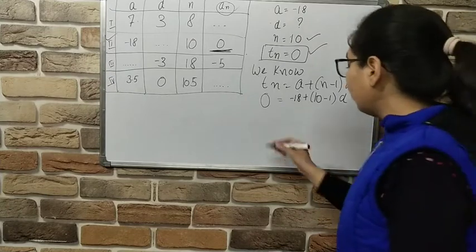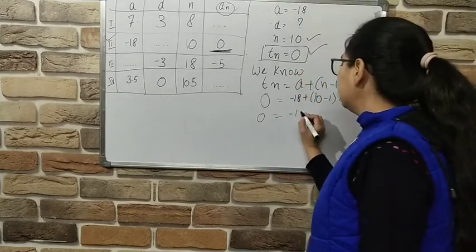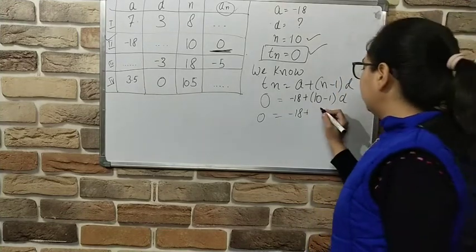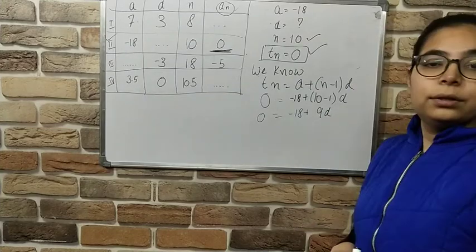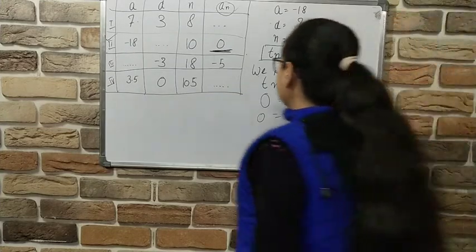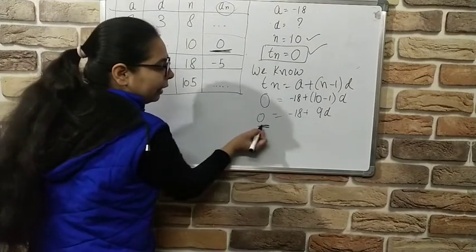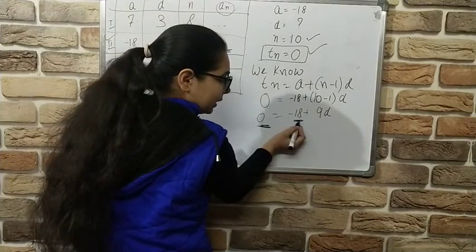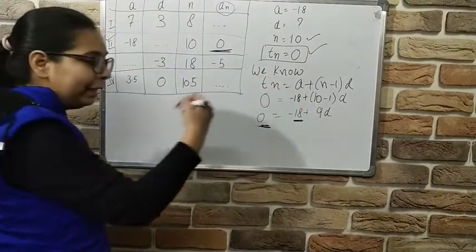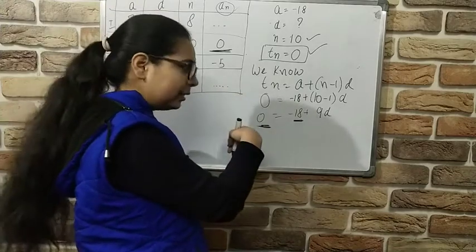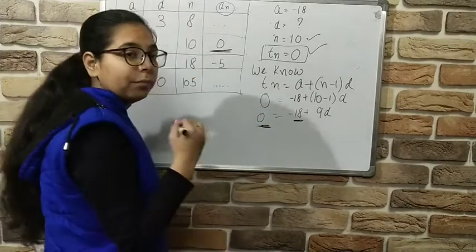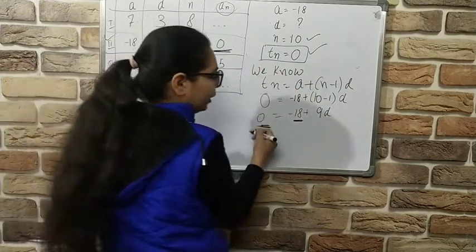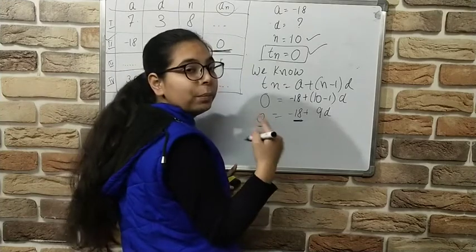Now 0 is equal to minus 18 plus 10 minus 1, which is 9, into d. Now see, here it is 0, so conclude the values. It is plus 18, and when it is shifted to the other side of the equal sign, it becomes positive, because the value which is taken to the other side of the equal sign has its sign become opposite.